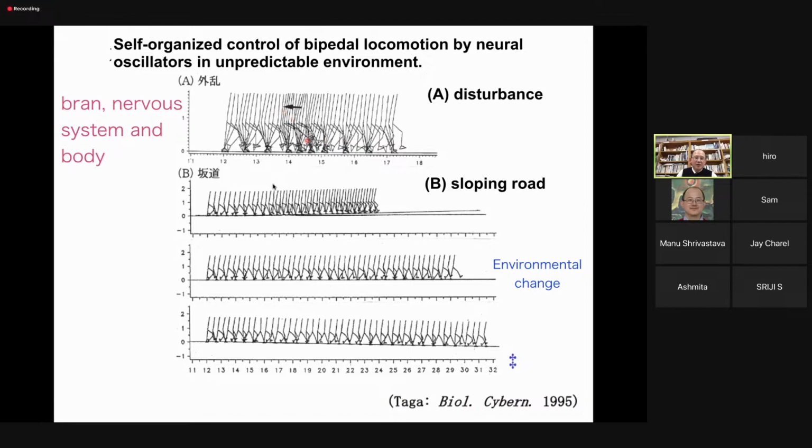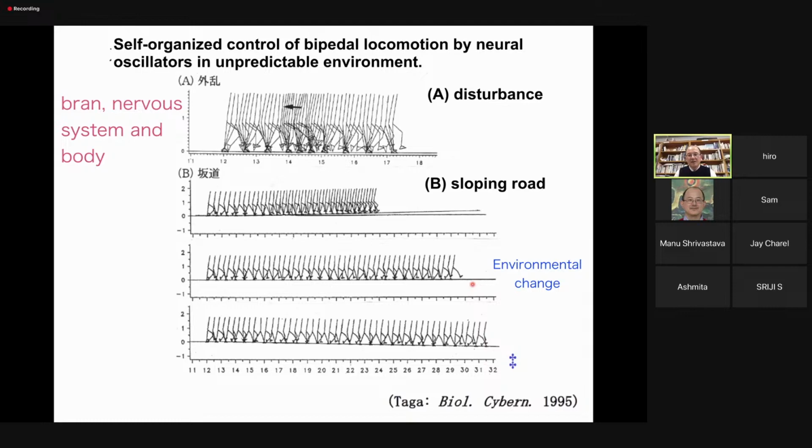Even with a slope, the speed of the motion is a bit different, but it is clearly generated naturally. This system is very robust against disturbance, noise, sloping roads, or environmental changes.